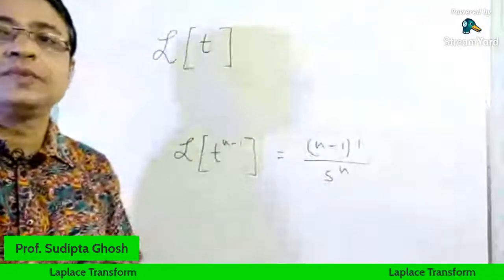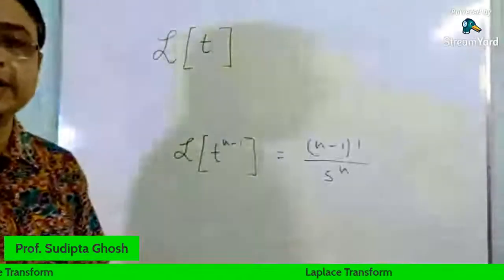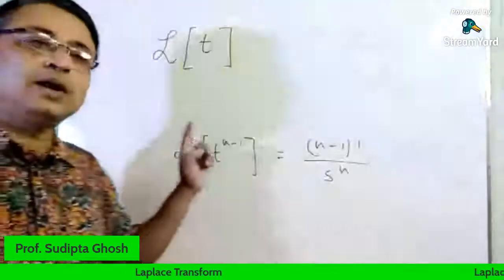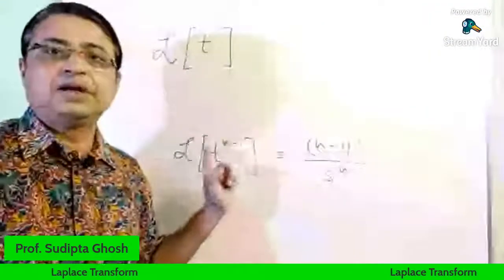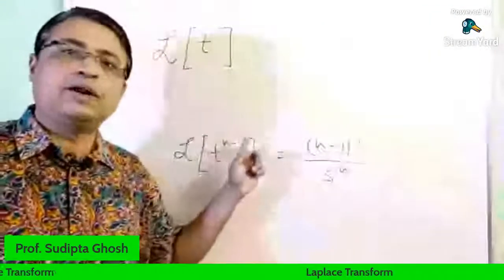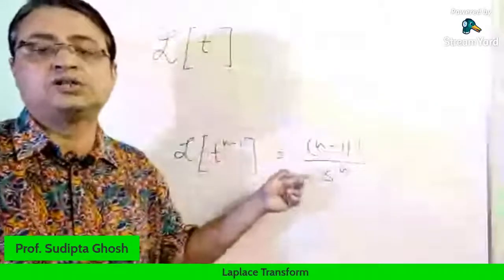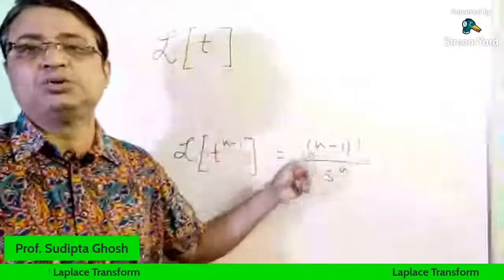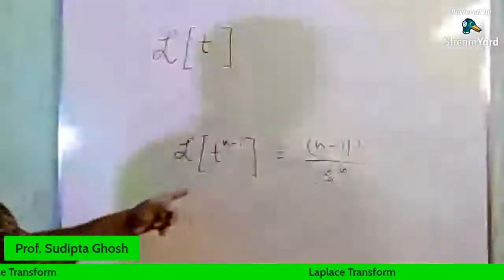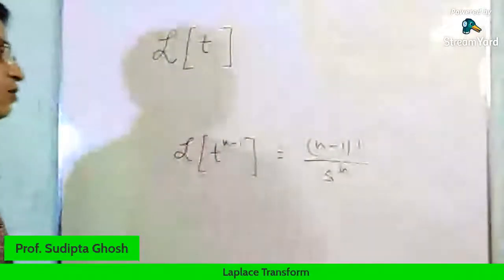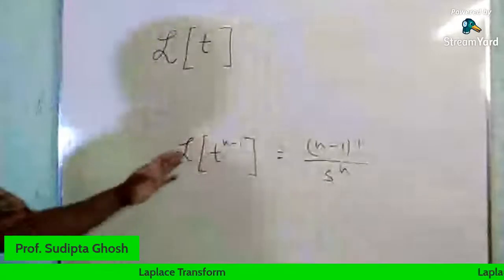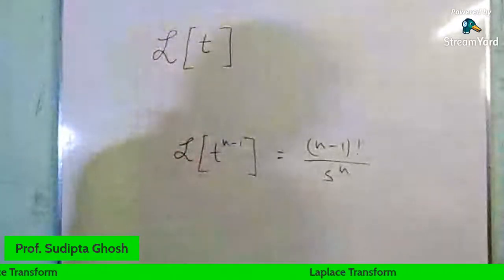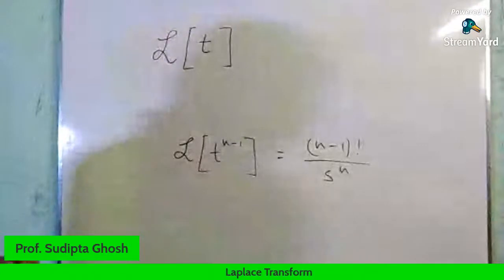So you have to think from this derivation: for t to the power n minus 1, the transformation is factorial n minus 1 divided by s to the power n. Then how can you get the function t?